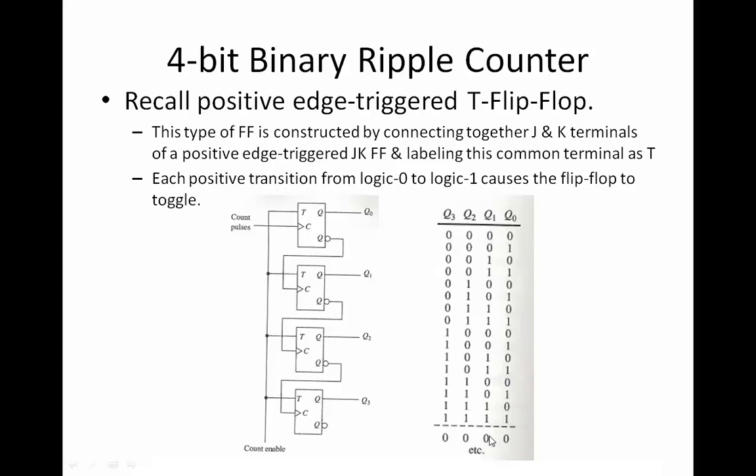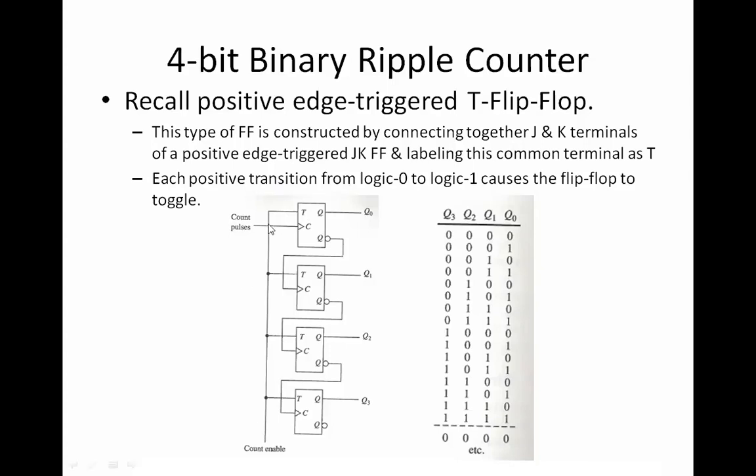After 4 ones, it should give me 4 zeros again. So how do we do it? All the T's are connected and given to something called count enable. Count enable is like a high value that is given, and it keeps passing on whatever value you give here.